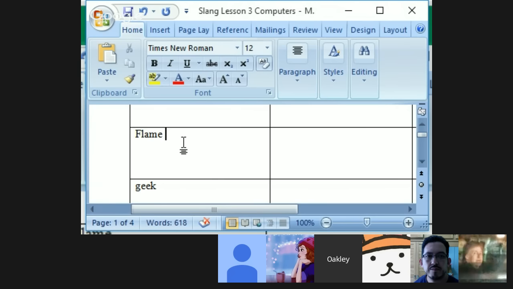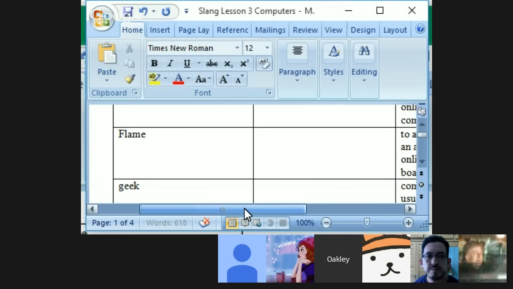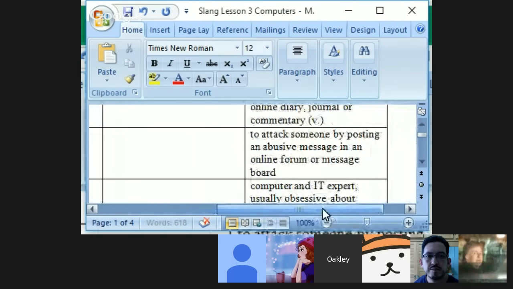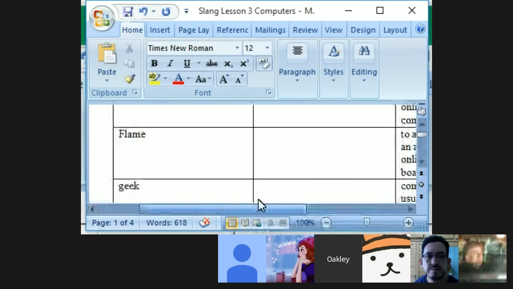Okay. First of all, let me say that it is a verb. Okay, here it is. To attack someone by posting an abusive message in an online forum or perhaps a message board or anywhere, really. You blame someone. Okay.